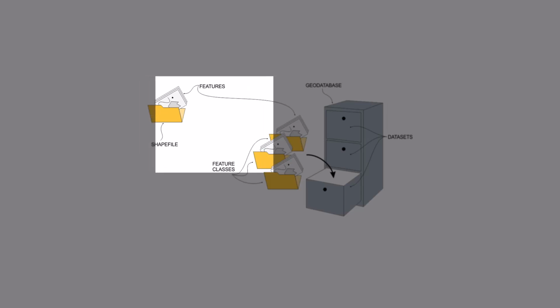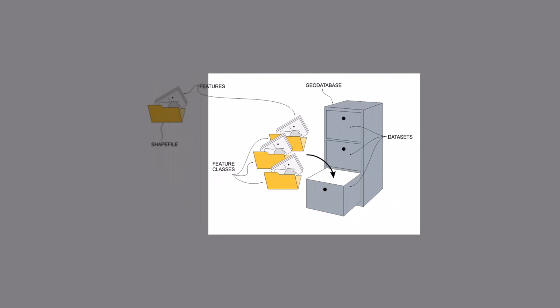In contrast, we could think of geodatabases as cabinets, with several drawers, inside which we can store several folders, which in turn store a series of documents that share a given geometry type. Each of its drawers is called a feature dataset, and each of its folders is called a feature class. As you can see from the diagram, each geodatabase can contain several datasets, and within each dataset, we can store several feature classes.